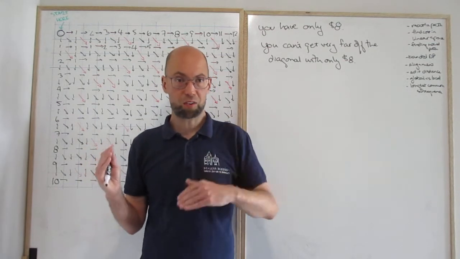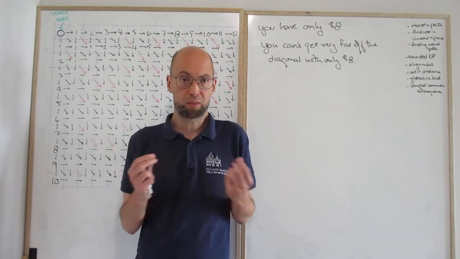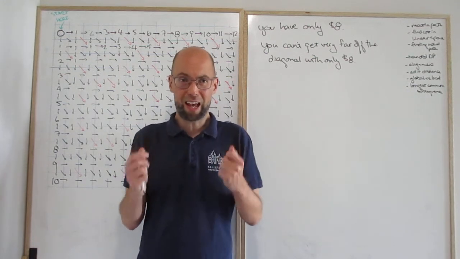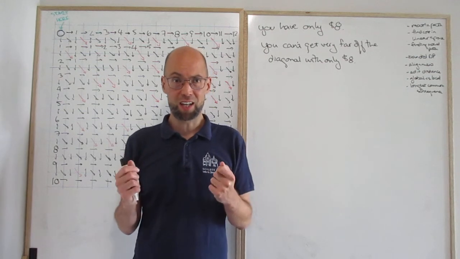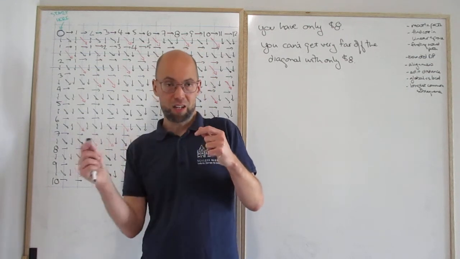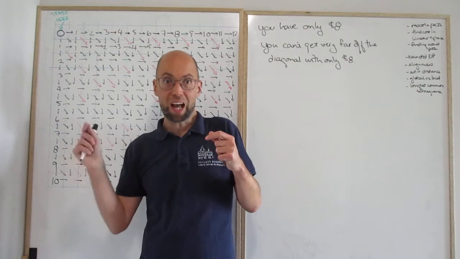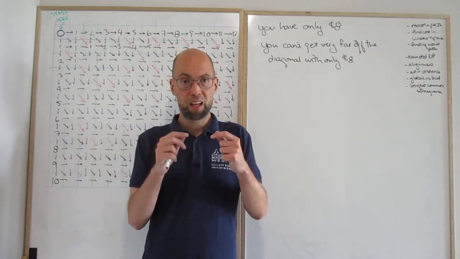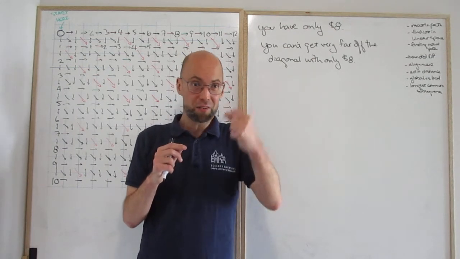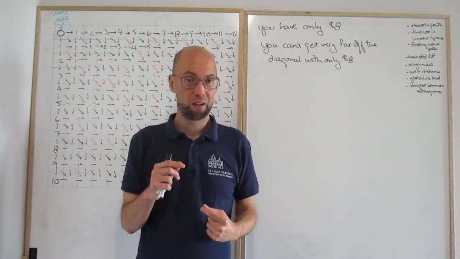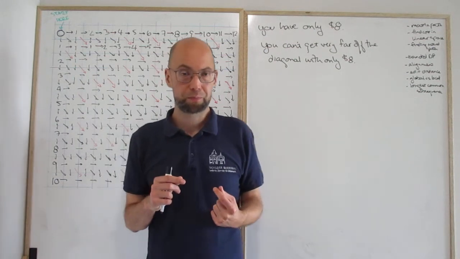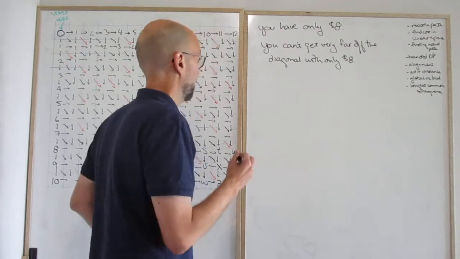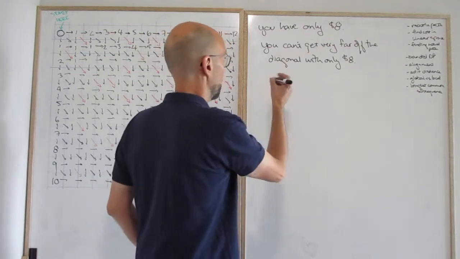If you take steps diagonally, it doesn't increase the difference between i and j. So the only way you can get a big gap between i and j is if j is much bigger, you took steps to the right, and that was expensive because each of those cost you $1. And if i is much bigger than j, then you had to take steps down, and those are expensive. So you can't get very far off the diagonal with only $8.